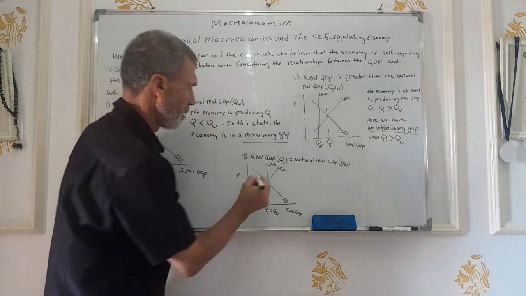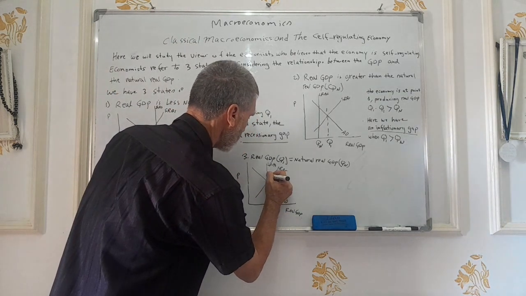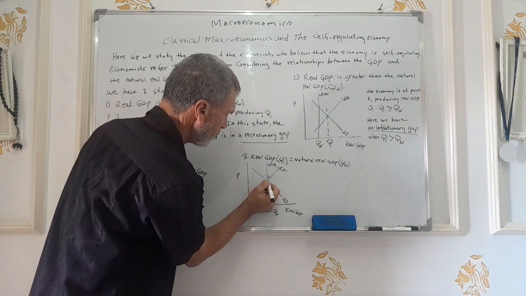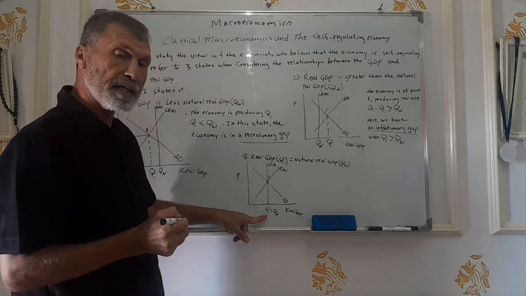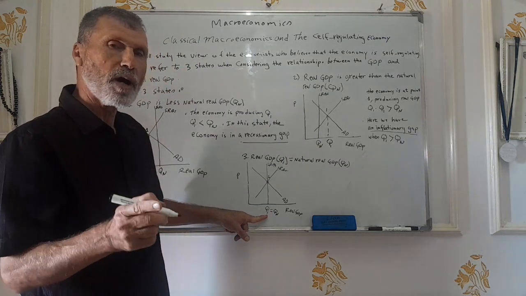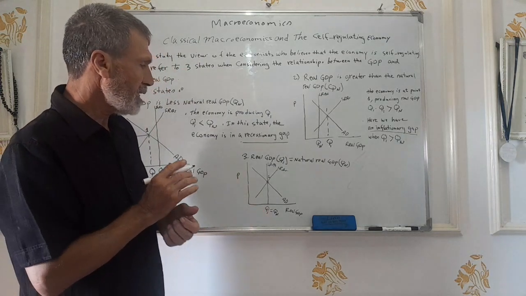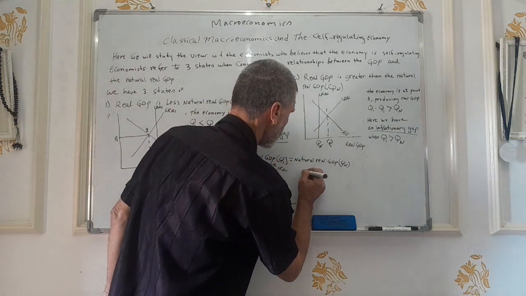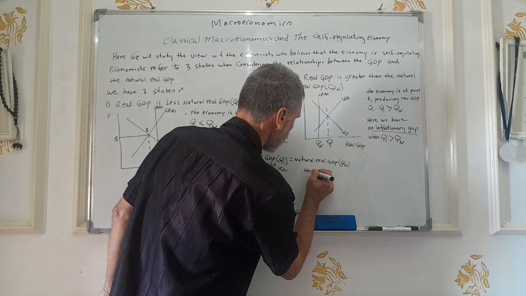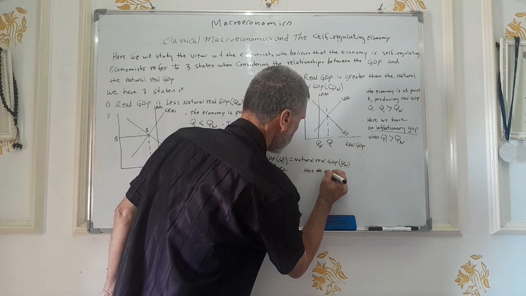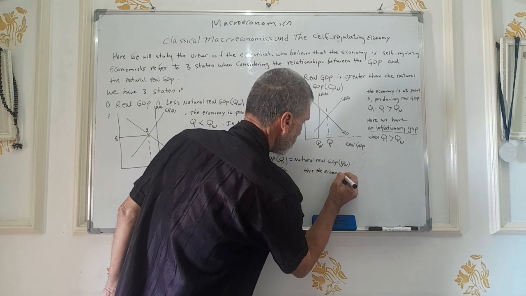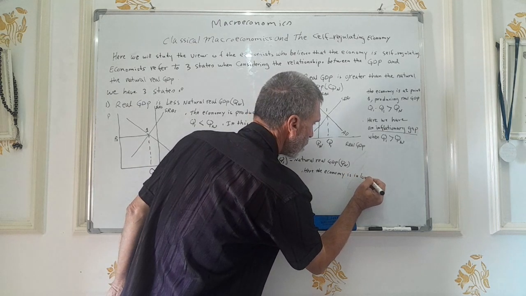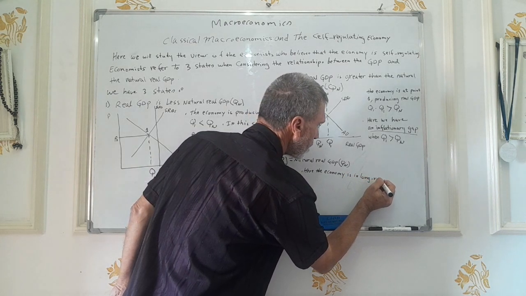So the economy is producing at point 1 a level of output Q1 that is exactly equal to Qn, the natural GDP. In this case, we say that the economy is in long-run equilibrium.